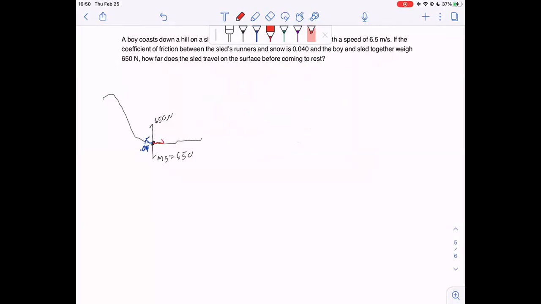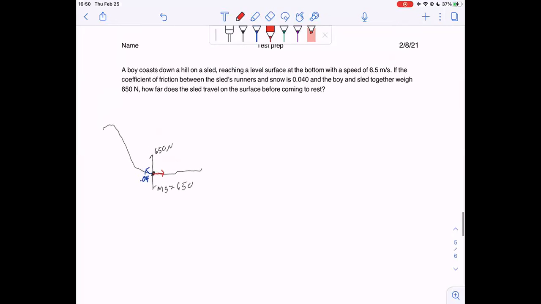Our speed is 6.5 meters per second. And that's what we know. We're looking for whenever our velocity is equal to 0 meters per second. So we're looking for our delta x.